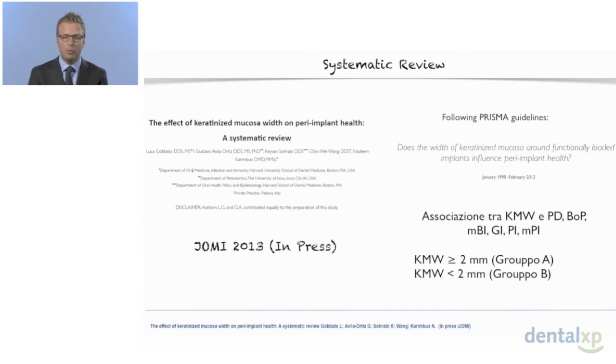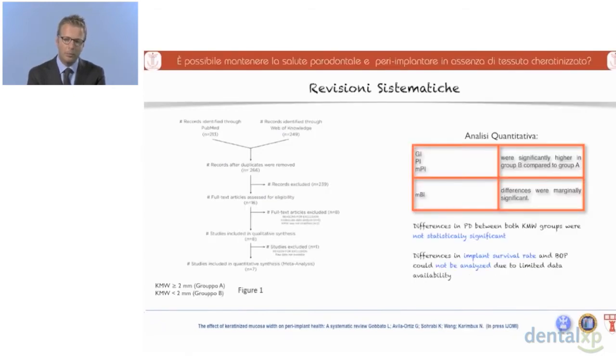So interestingly, we ran a meta-analysis, which will be published soon in JOMI in 2013, in which we tried to associate the periodontal peri-implant parameters such as bleeding index, gingival index, plaque index with the amount of keratinized mucosa. And we identified 2 groups, implants with more than 2 millimeters and less than 2 millimeters of keratinized mucosa.